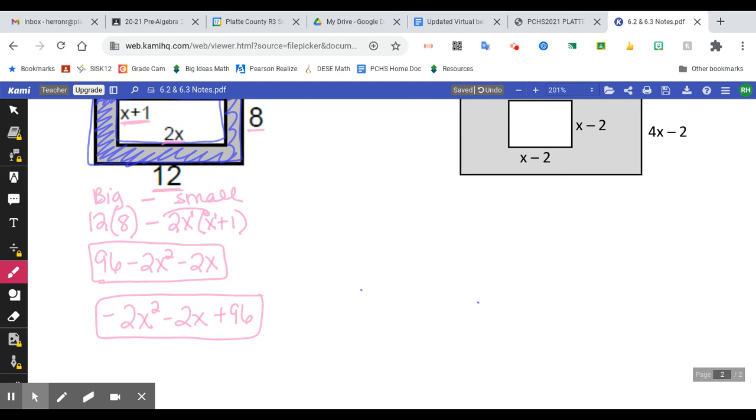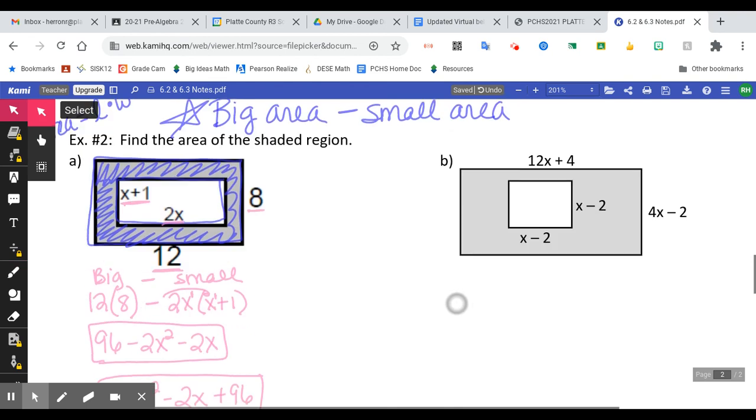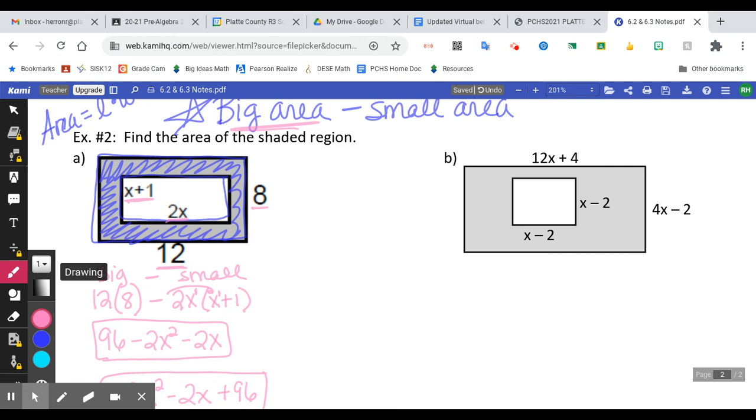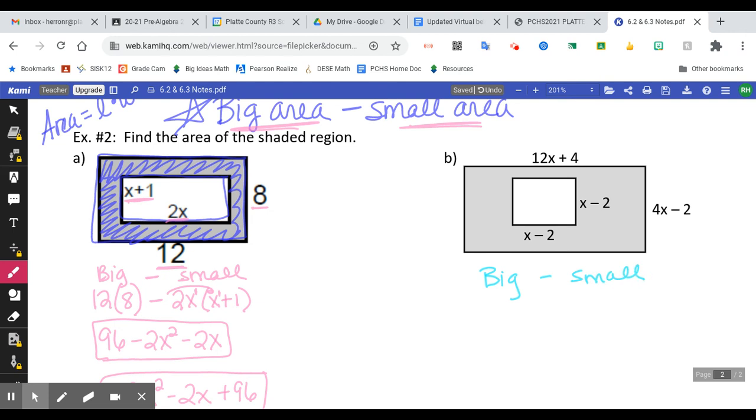All right, so again, area is length times width. To get the shaded region, we would have to take the big minus the small. All right, so let's try another one. Big minus small.